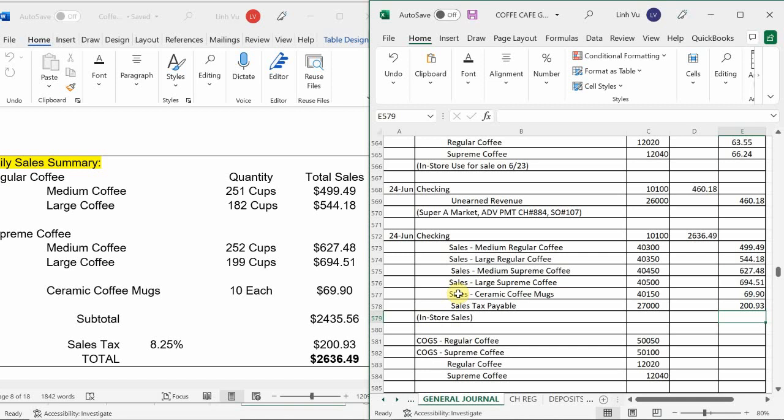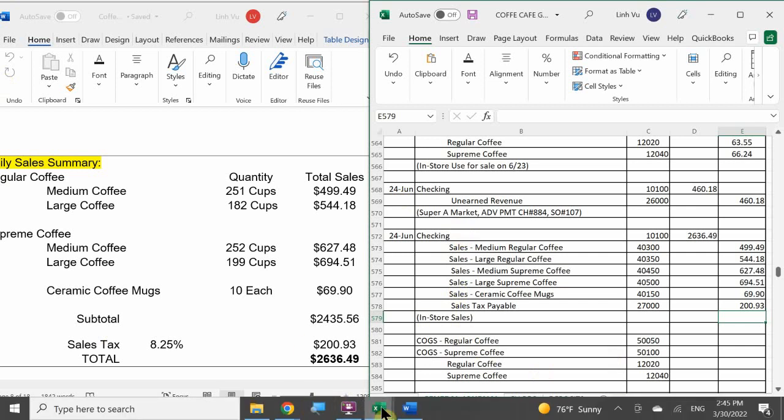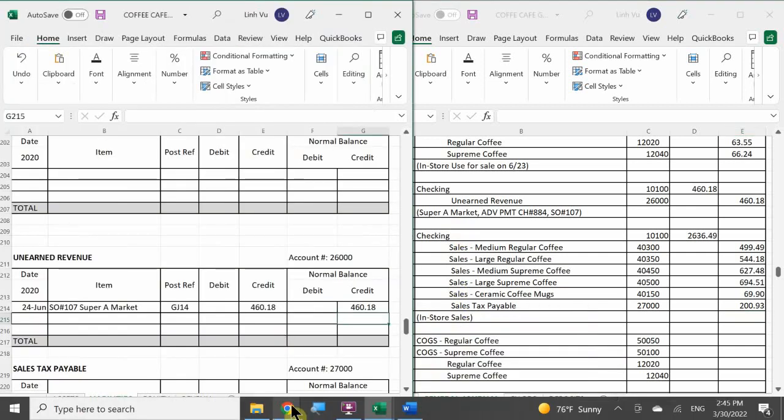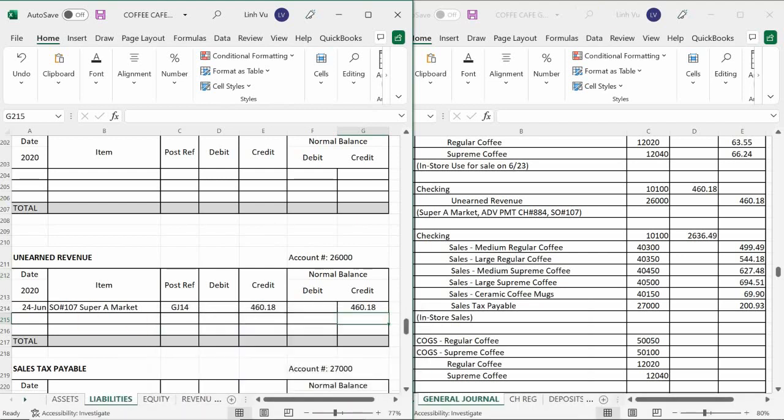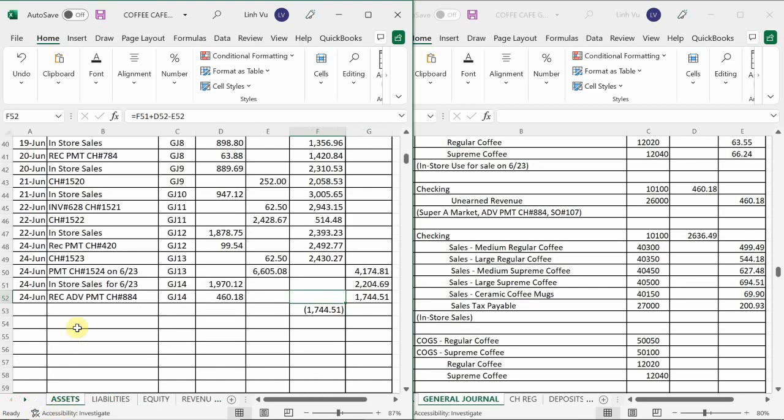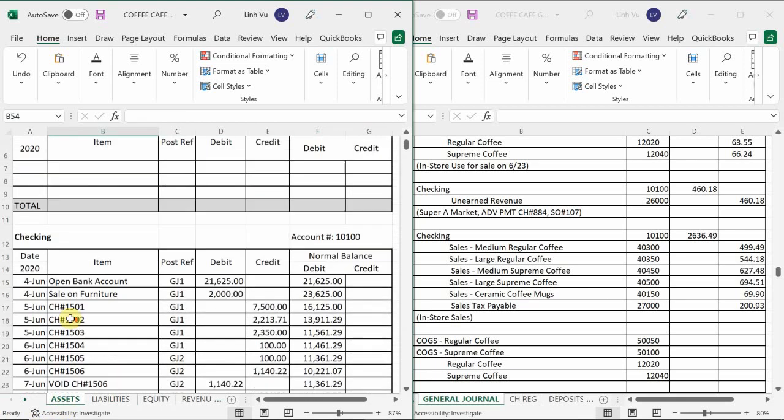General ledger. Okay, we can do the ledger first. All right, so we've got to update our checking account.